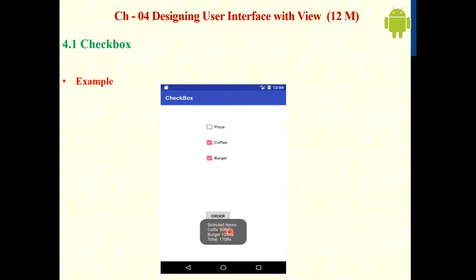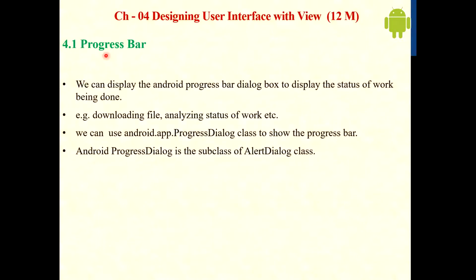Here selected items are coffee, burger, 50, 120, total is 170 rupees. This concept is called toast, that we will see in the next lecture, how we can display these types of messages in Android. Next component is progress bar.